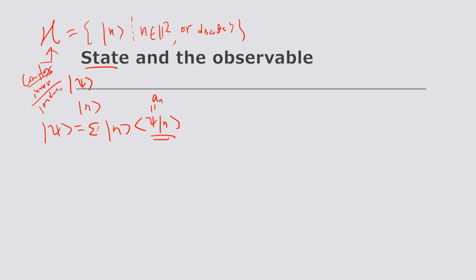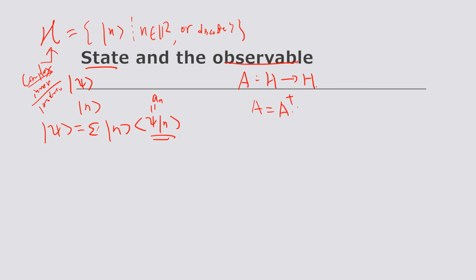Okay, and the observable is also easy, right? Since you have a vector space, the observable should be just a linear map from vector space to vector space. But we always assume that A is Hermitian.